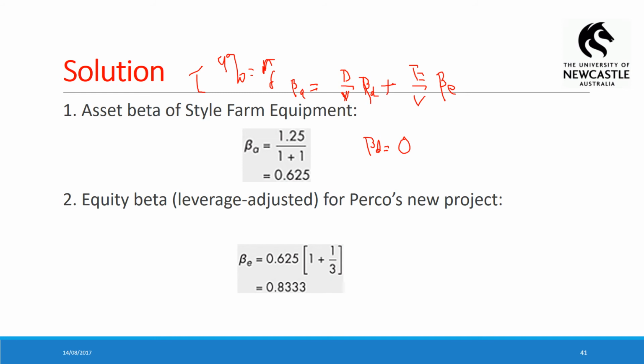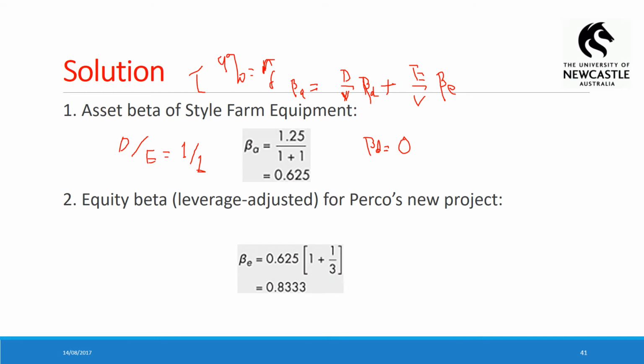So we know from before that the leverage ratio of Style firm was 1:1, meaning that this ratio here, E over V, would be 1/2.